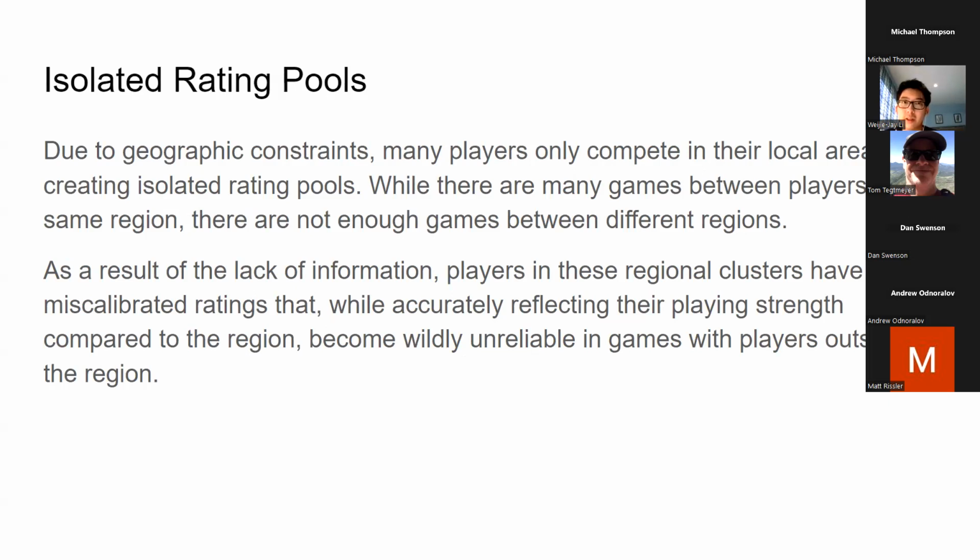Most ELO fields have some kind of geographic constraints, and a lot of times because of these constraints, players are often grouped in their local areas. This is a problem because when there are not enough games between people from different areas, there's a lack of information that will cause a miscalibration.